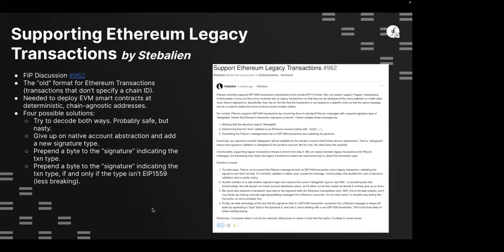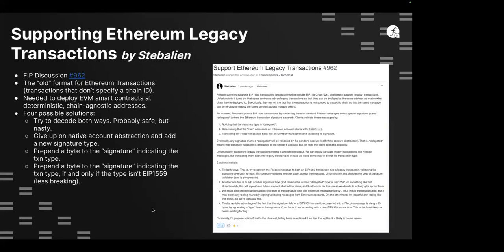Unfortunately, this is a different type of transaction, not a different type of account. The same account can send both types of transactions. So that's why I can't do that, unfortunately.